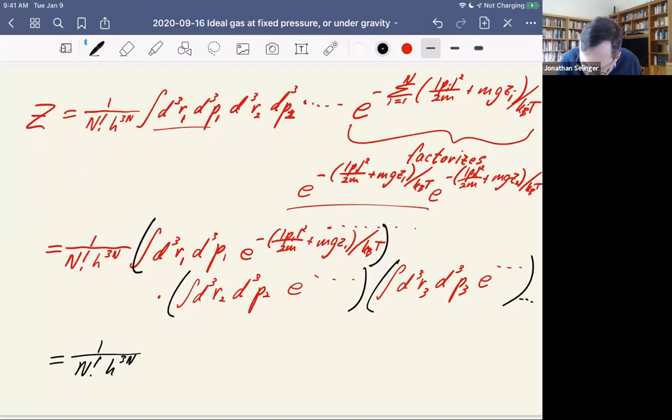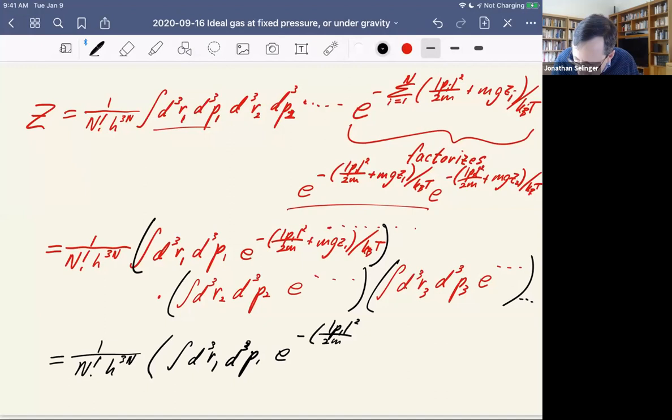Now we just have this integral for R1 and P1 plus mgz1 over kT. We have this integral and all the others are copies. So it's just all that raised to the n power, where n is the number of molecules again.